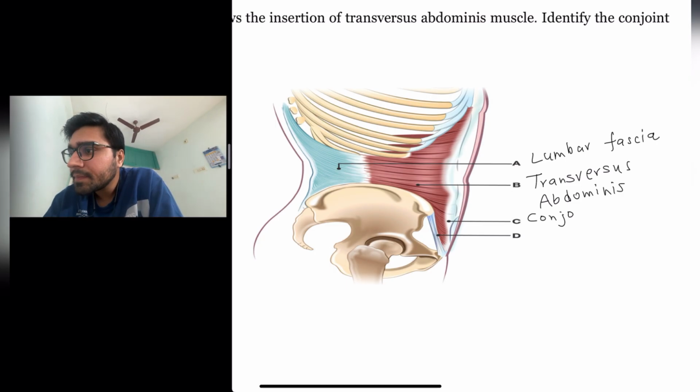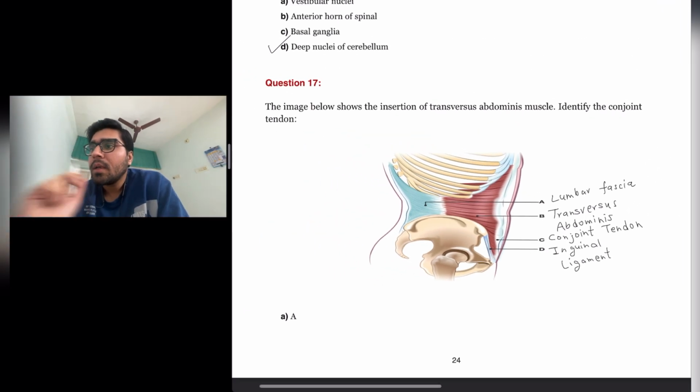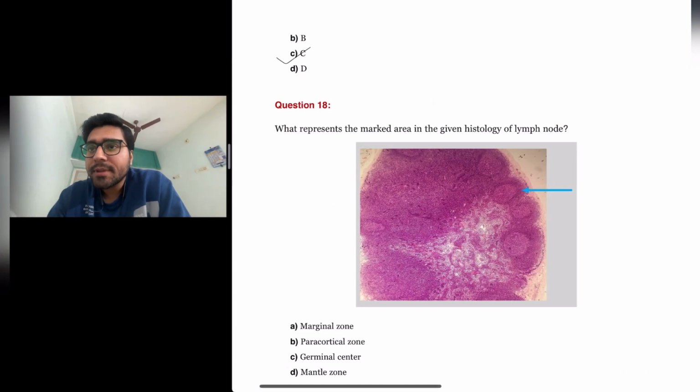C is conjoint tendon. The D is inguinal ligament. So the conjoint tendon is the option C.